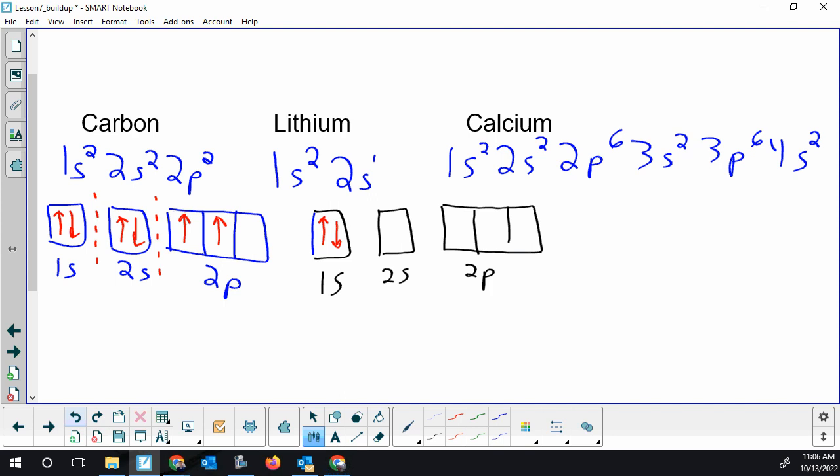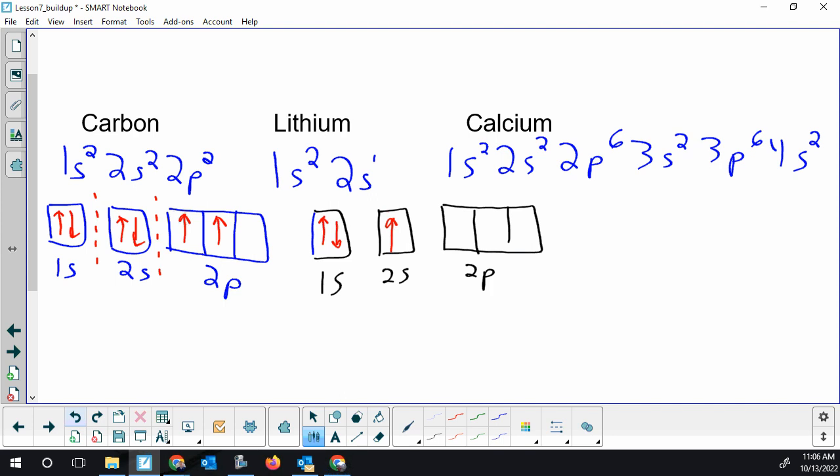Our second lowest energy is 2s, and there's 1 electron. Spin up, and I ran out of my electrons. I wrote in 2p just to show that those are going to be empty. There's no electrons in those orbitals, or 3s, or 3p, or 4s, or 3d. You don't have to show the empty ones. But sometimes you may draw more boxes than you need and just leave them empty. You don't have to erase them.